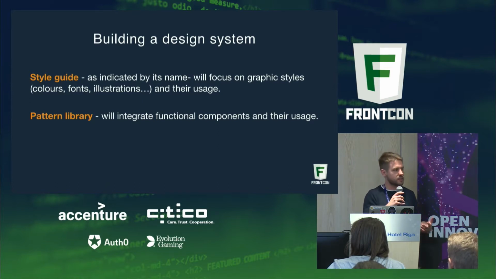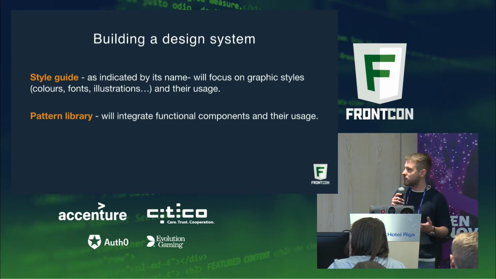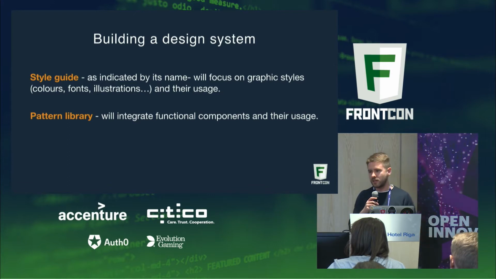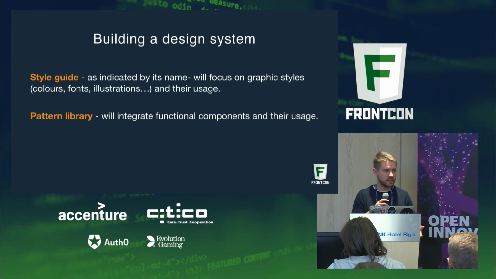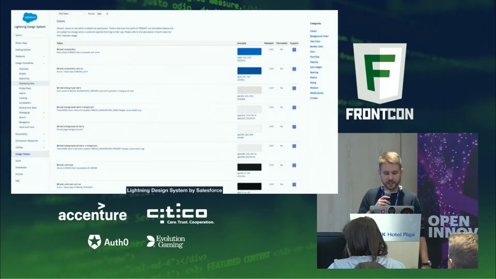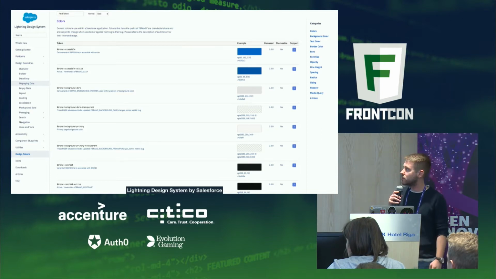It doesn't necessarily have to be that way, because you need to think about who is going to use this design system. Is it going to be developers, maybe designers, maybe clients, or everyone? So we need to find some bridge between these two things. And there's a good example of a design system built by a company called Salesforce. I think you've heard of it.